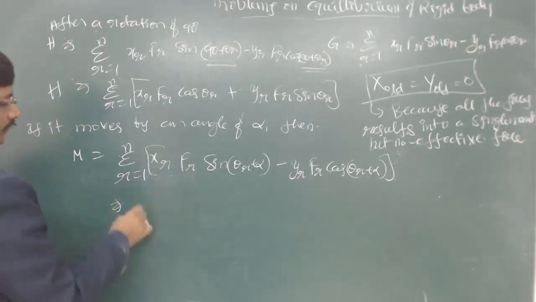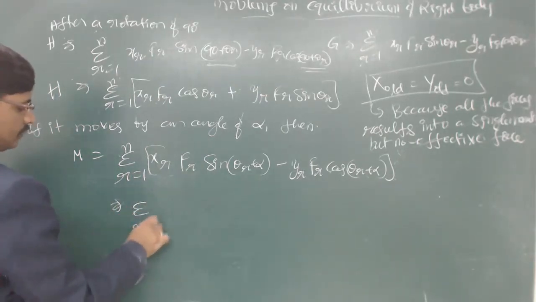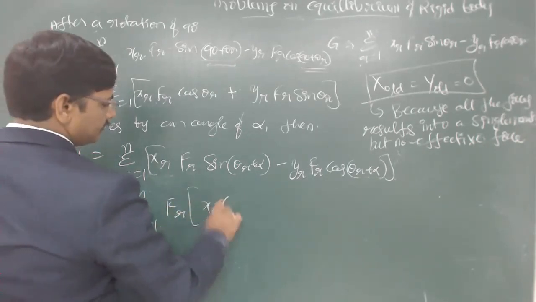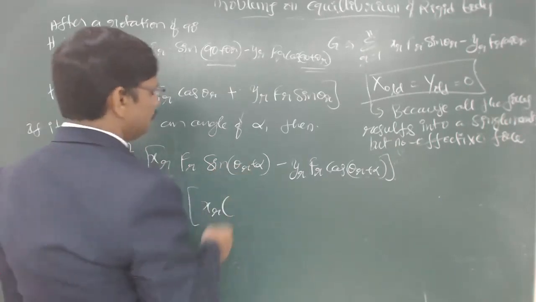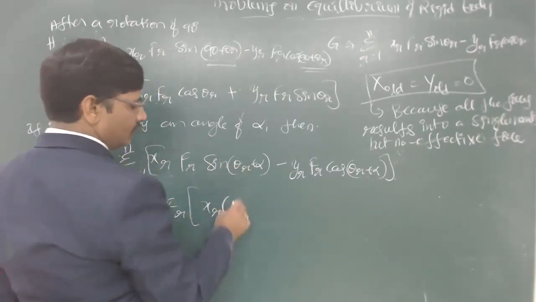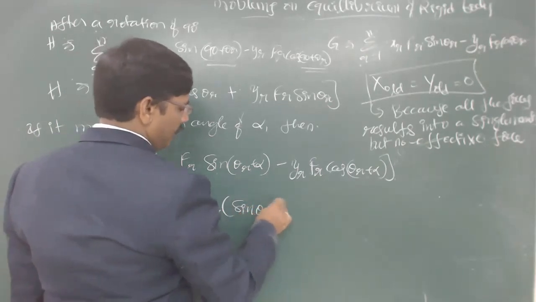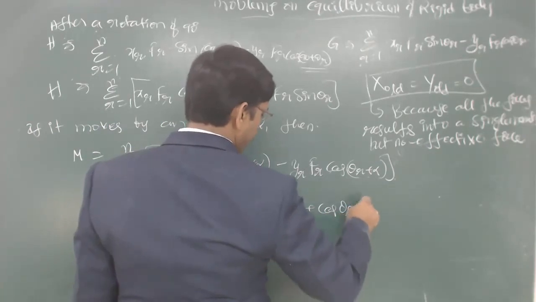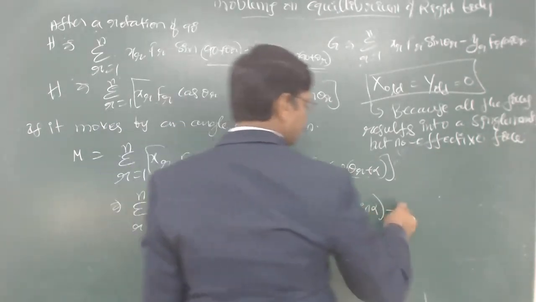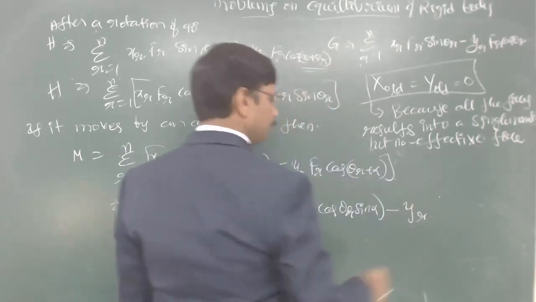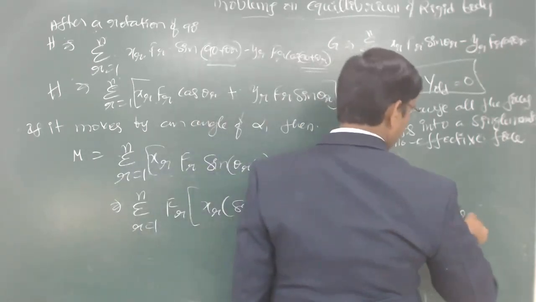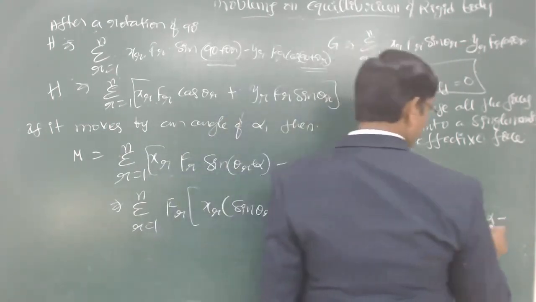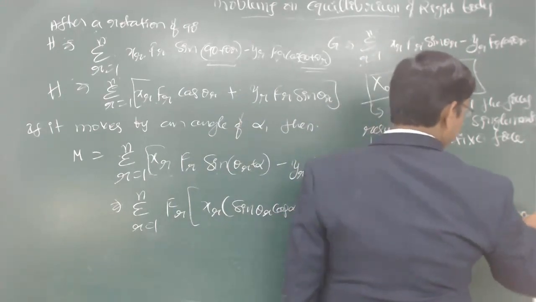Now from this, sigma r equals 1 to n, fr if you take out, and then xr gets multiplied by sin(a+b) = sin a cos b plus cos a sin b, so sin theta r cos alpha plus cos theta r sin alpha, minus yr into cos theta r cos alpha minus sin theta r sin alpha.